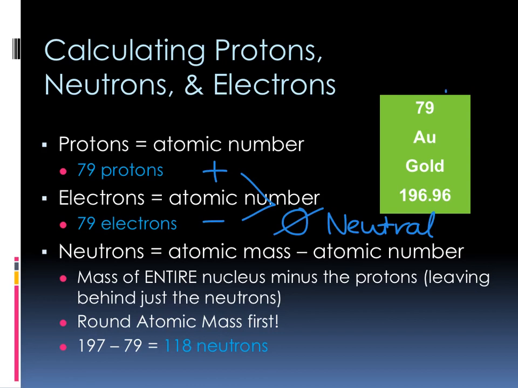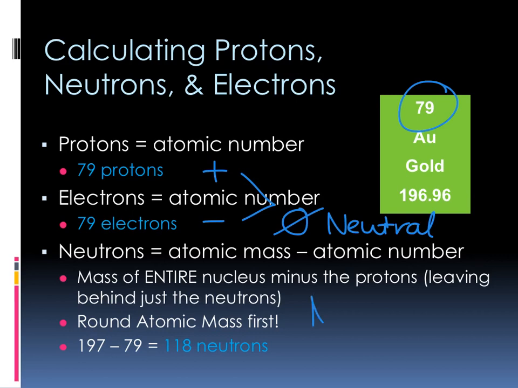So once you have the atomic number and you say that's how many protons, that's also how many electrons there are. Neutrons are a little bit more complicated because it involves subtraction. But we already said that all of the mass of an atom exists in its nucleus. So if I take the mass of the nucleus and subtract the protons, I should have the neutrons.